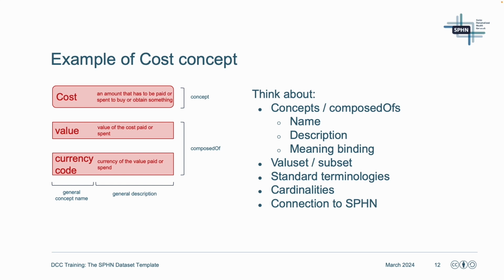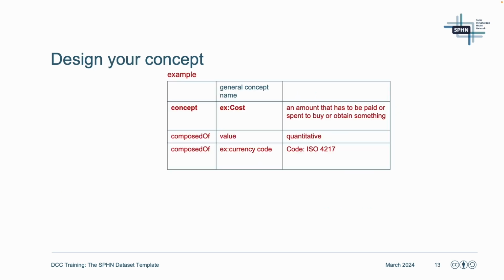You need to look into the standards and existing terminologies that can be used when possible instead of adding your own values. Cardinality restrictions that make sense should be thought about, as well as knowing existing SPHN content so that you can either reuse it or refer to it when needed.